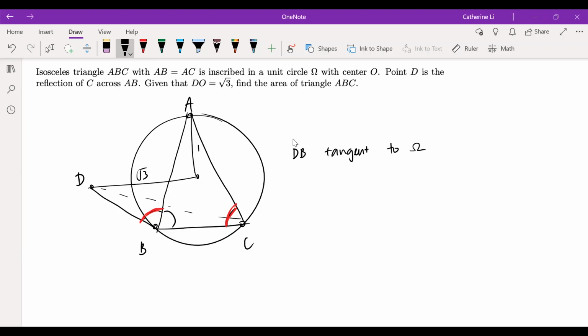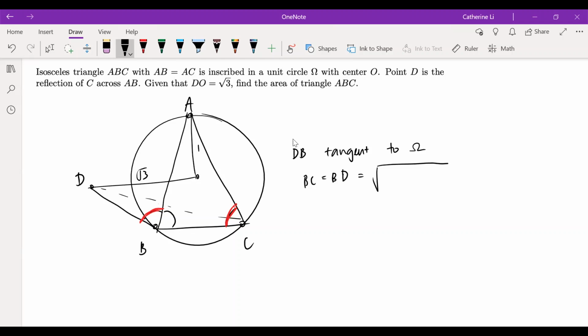And this is helpful because now we can use power of a point. So we know that BC is equal to BD. And having BC is helpful because that'll help us find the area of the triangle. So BC equals BD, but BD is equal to the square root of the power of the point D. And one other formula that I forgot to mention is that the power of the point is equal to the distance from the point to the center squared minus the radius squared if that point is outside the circle.